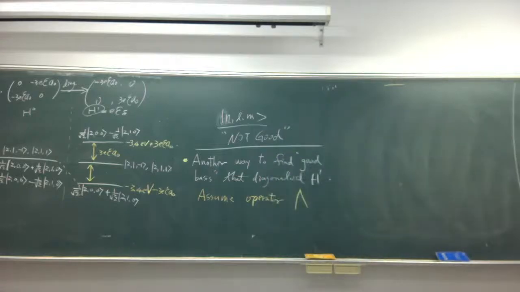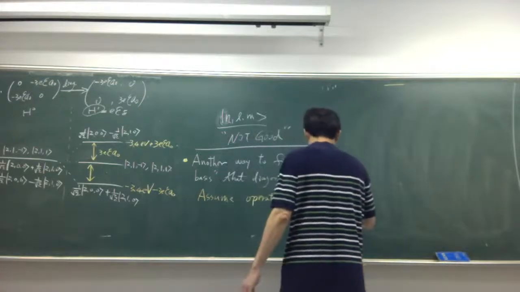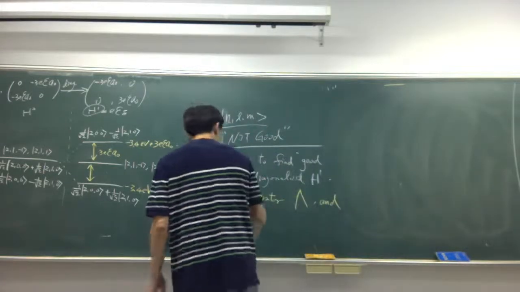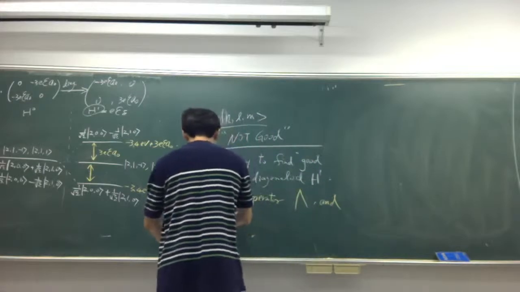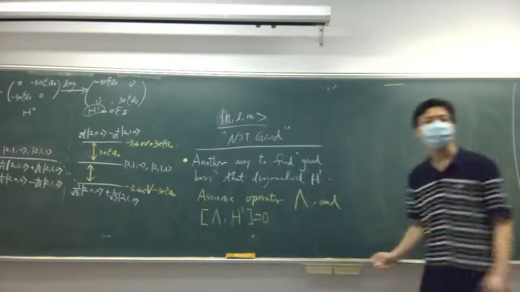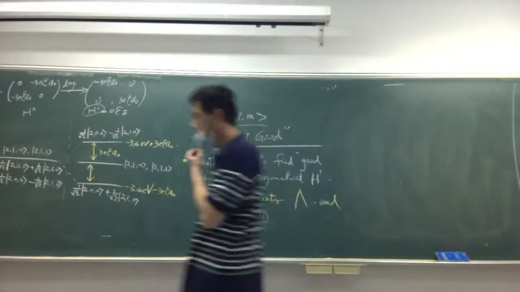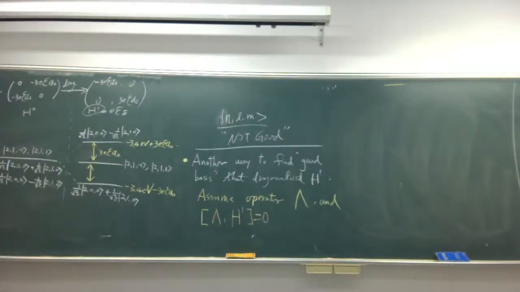I have another operator lambda, and lambda and H1, the perturbation, commute. So assuming you have another operator, I don't know which one, but anyway, you have one, and I call it lambda.